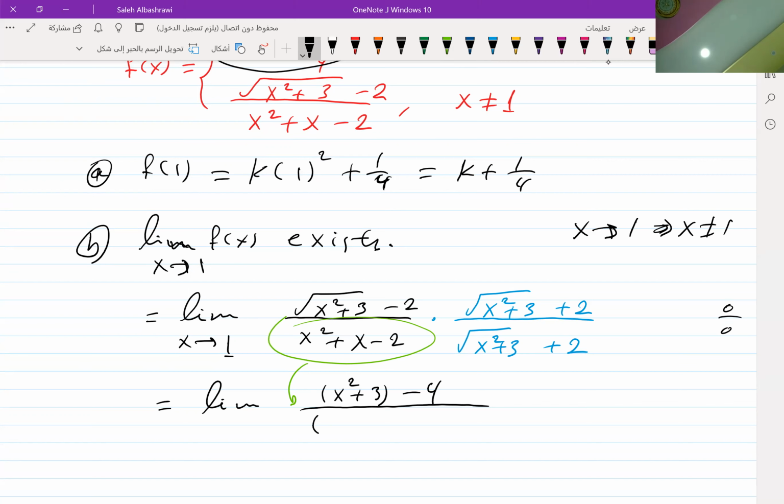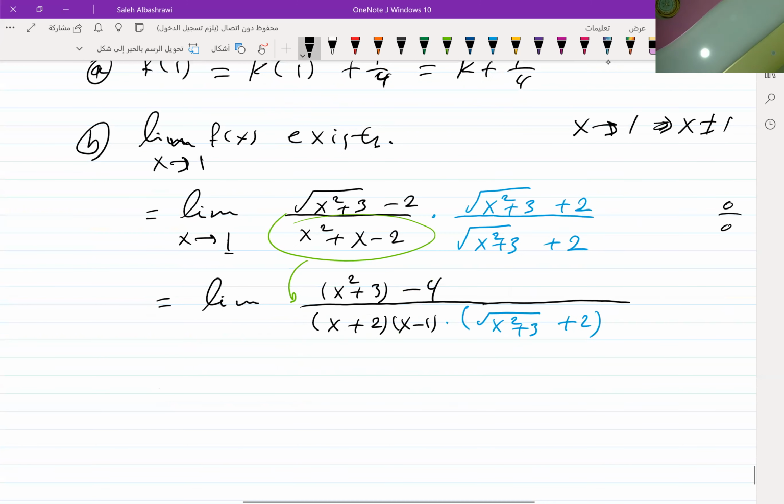It can be written as x plus 2 and x minus 1. Just factor the denominator, multiplied by the second part, which is square root of x squared plus 3 plus 2, as x goes to 1.